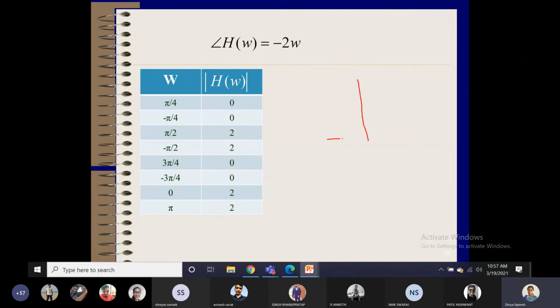On the y-axis you have omega. Let us mark the origin, and mark pi by 4, where it is 0. So the first term is pi by 4, minus pi by 4, then here you have plus pi by 4.